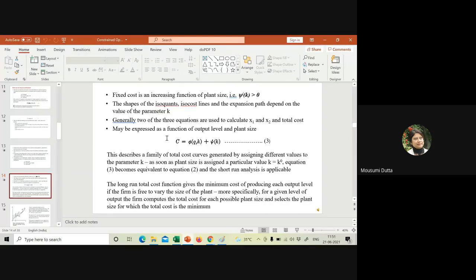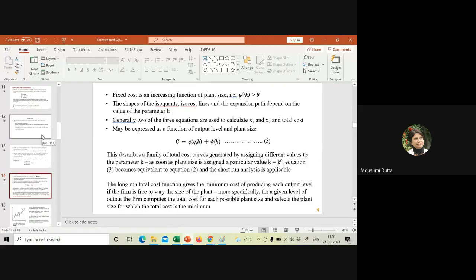Generally, two of these three equations are used to calculate x1 and x2, and total cost may be expressed as a function of output level and plant size. You know the method of solving this. So I'm not focusing on these steps, because you know how to maximize output subject to a cost constraint, and you know how to minimize cost subject to an output constraint.